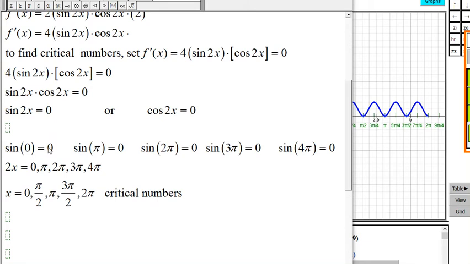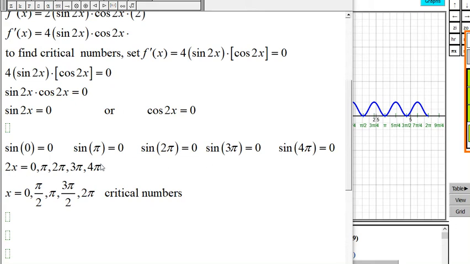We know that sine of 0 is 0, sine of pi is 0, sine of 2 pi is 0, sine of 3 pi is 0, and sine of 4 pi is 0. And so we have 2x is equal to 0, pi, 2 pi, 3 pi, 4 pi.